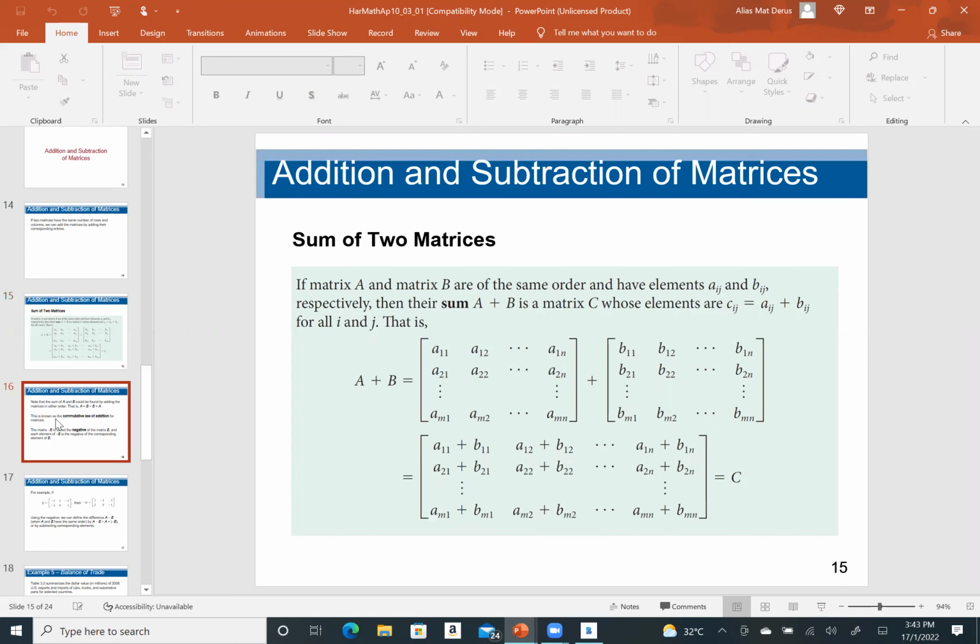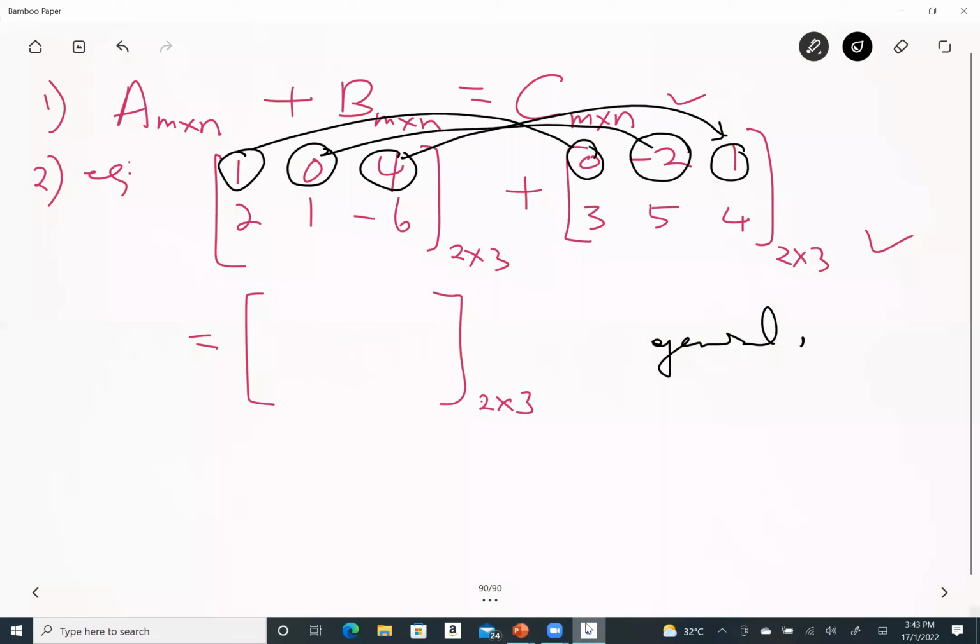So in general, we say that for m by n and m by n, you have Aij plus Bij equal to Cij. So here you have the element in the ith row, column j. You add to the corresponding element of B, also in row i, column j.